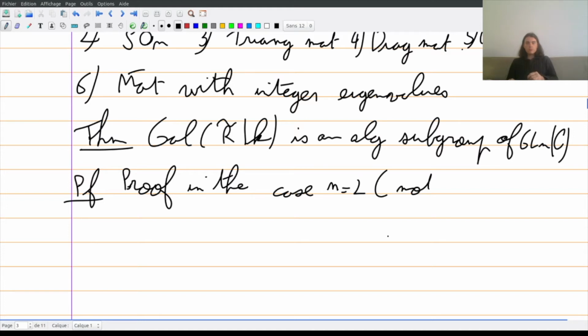It's just because the notation is simpler. The proof passes word by word to an arbitrary equation. So it's just to help to understand.